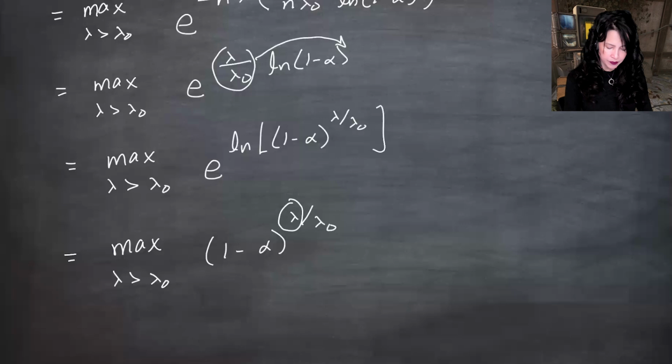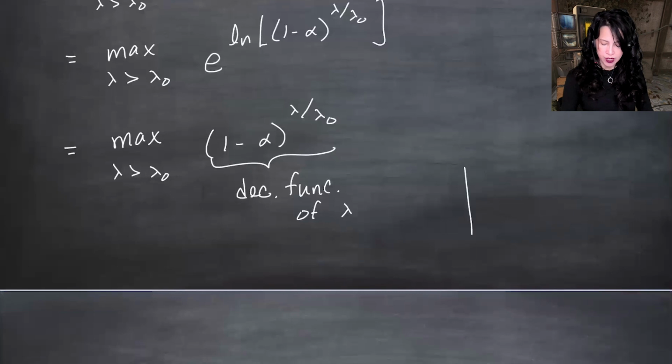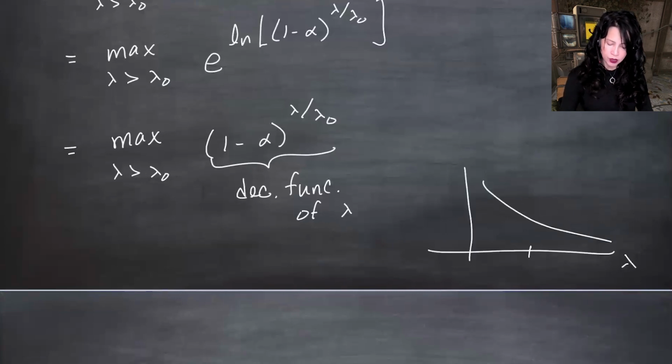In other words, this entire thing here is a decreasing function of lambda. And so we've got some sort of decreasing function of lambda, and we want to maximize it over some region that looks like this.